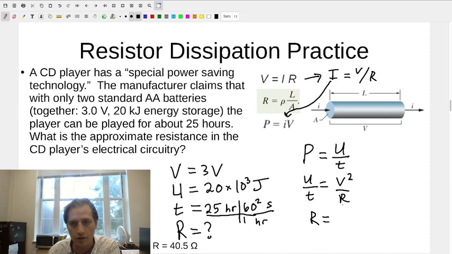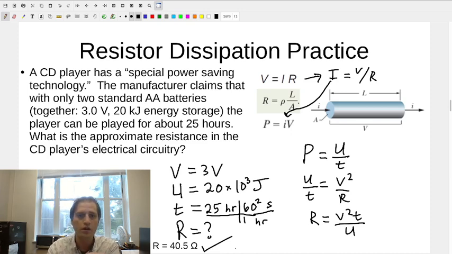So my R is going to be V squared times T over U. So you just need to stick in 3 volts times this T in seconds divided by this U in joules, and that should give you something around 40.5 ohms.